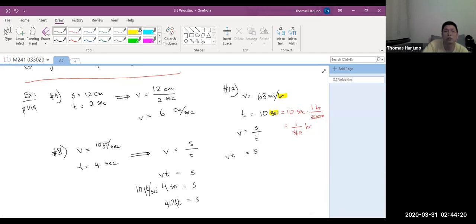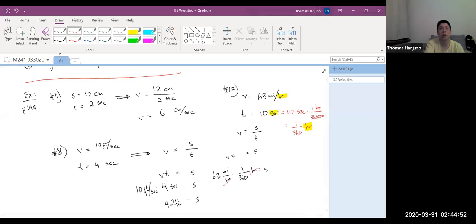Basically, the units have to be the same. That's miles per hour, and this is also in hours. Then the distance will be 63 miles per hour times 1 over 360 hour. That's the distance traveled. The hours cancel.